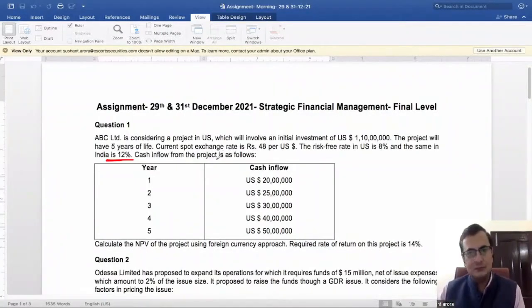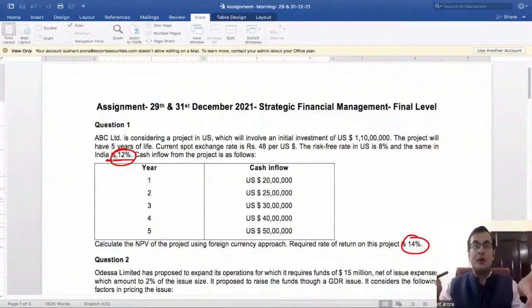It is simple. 14% is the required rate of return, and 12% is the risk-free rate, so we can calculate the risk premium from this. Sir, is it 2%? No, it's not 2%. The calculation is a little different. You can't say directly that we are getting 12% there and he requires 14, so 2%. No, not that.